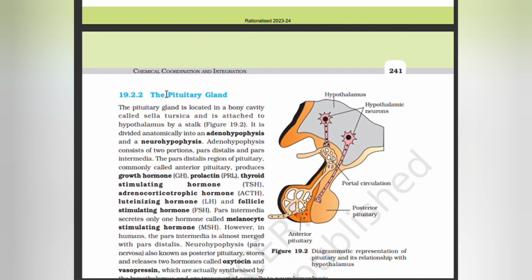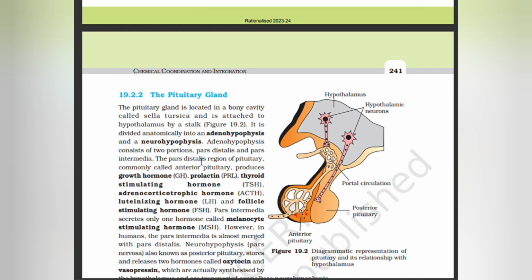Pituitary gland. The pituitary gland is located in the bony cavity called sella turcica and is attached to the hypothalamus by a stalk. It is divided anatomically into adenohypophysis and neurohypophysis. Adenohypophysis consists of two portions, pars distalis and pars intermedia.